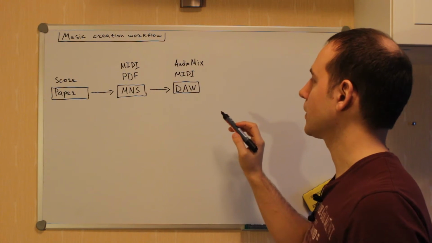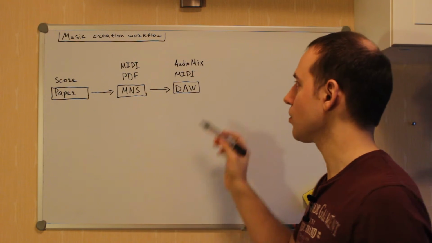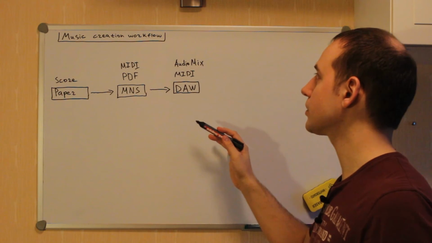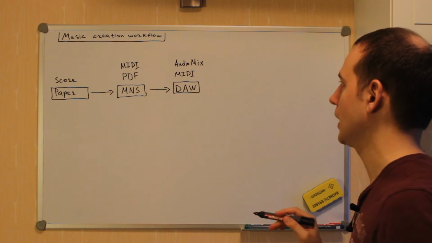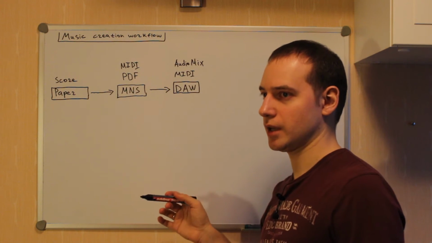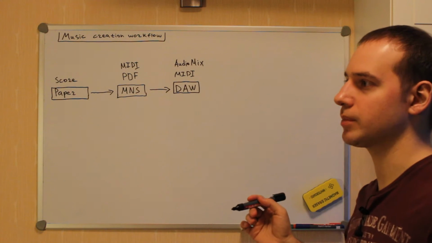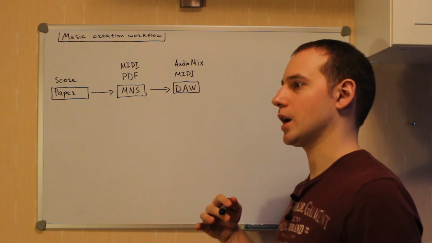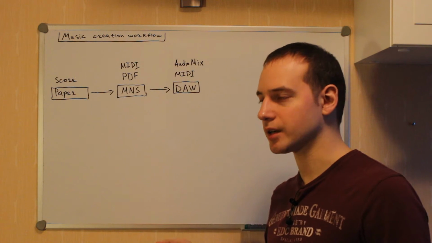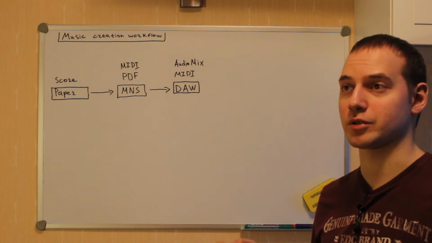And at last you mix all the instruments that are used in your piece and you create an audio mix. And from this point the mastering process starts. The mastering process is the process when you adapt your track so that it sounds good on any speaker, or at least it sounds on a speaker.